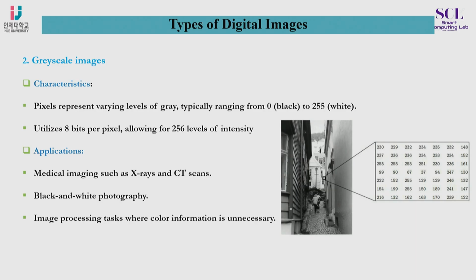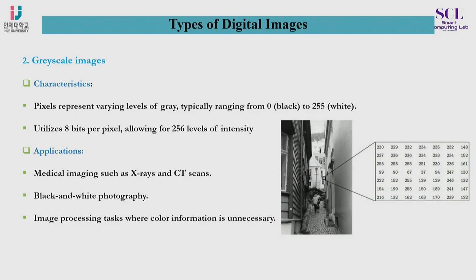So then we have grayscale images. In grayscale images, it has 8 bits per pixel, and it varies. For example, a pixel represents varied levels of gray, typically ranging from 0, black, to 255, which is white. Here you can see this is a pixel.